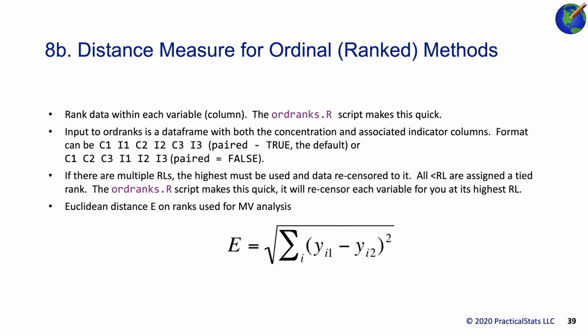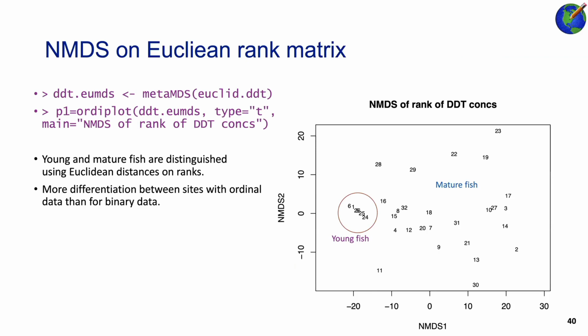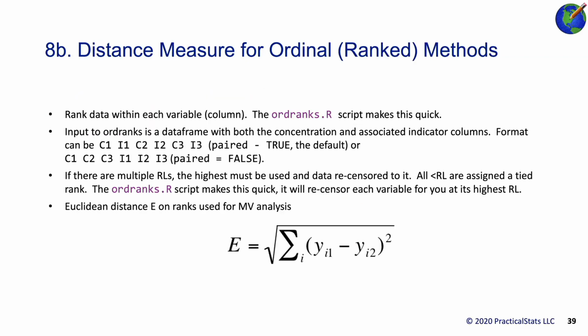You can do something similar for ranked data, except it's a different metric. It's a Euclidean distance. So this is a distance, a straight line distance in multidimensional space. And you would do that on the ranks of the data. And so these routines that I'm just flashing up here, ordranks.r computes these ranked data within all of the different columns.